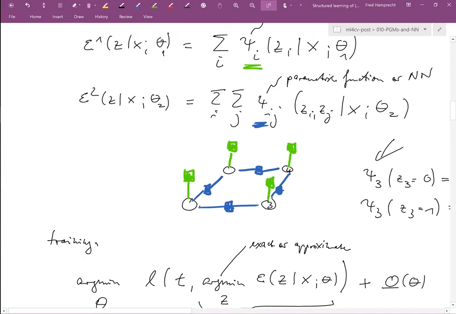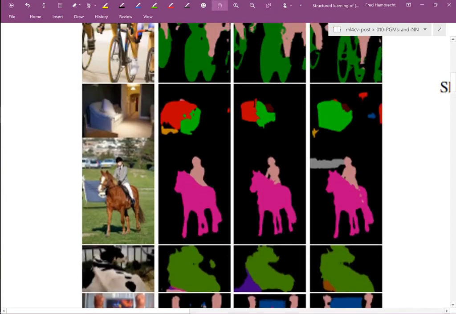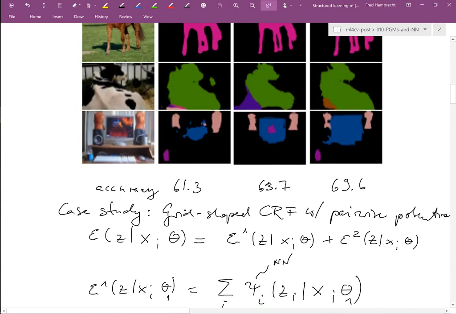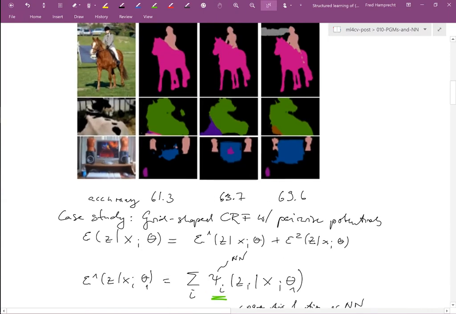Or we can also do it in terms of message passing. And you've seen in these examples and in the accuracy numbers that I gave, this is actually worthwhile doing.